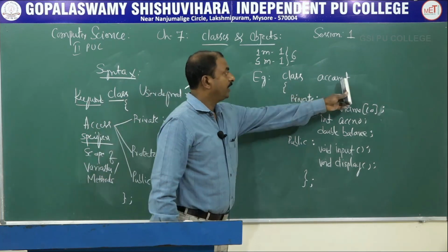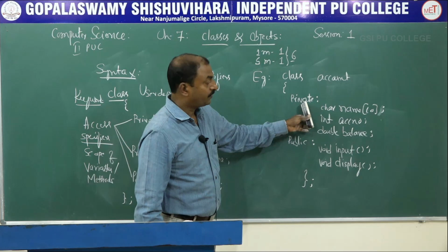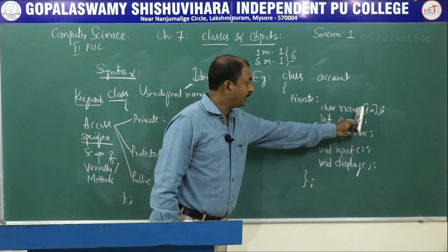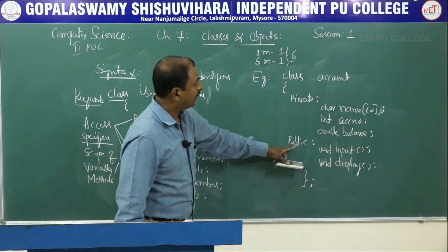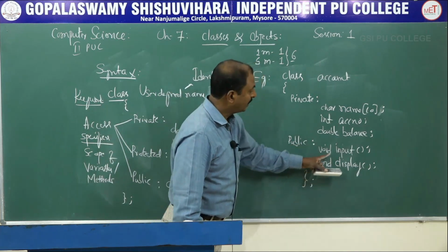Class is reserved, then the name of the class, an identifier, private access specifier, character name, and these are the variables, account number as well as balance. And under public, I am going to declare methods or functions, two functions.